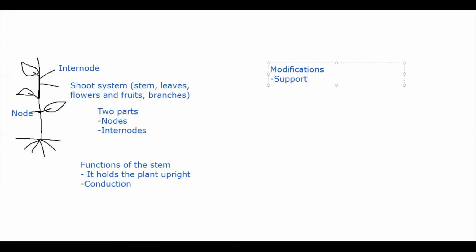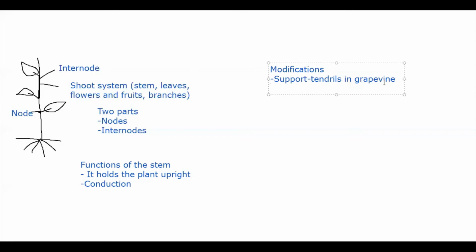Like if you have seen the grapevines, the tendrils, we call them tendrils. I'll just write one example here. Tendrils in grapevine provide extra support to the grapevine. As grapevine is a climber, it needs extra support. So tendrils play a vital role in giving it support.